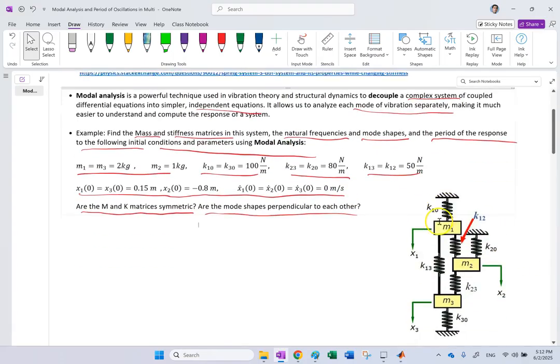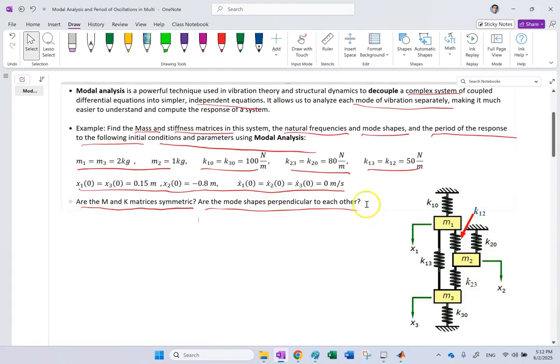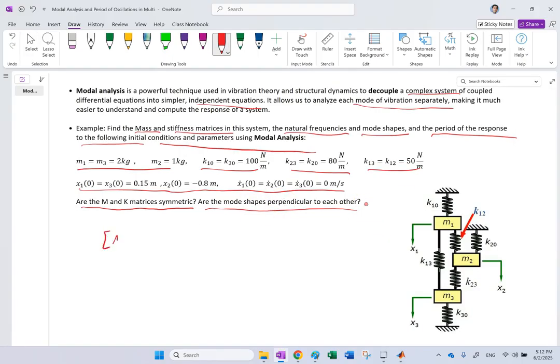They are applicable to any system which has this type of equation. That's the M matrix times the acceleration vector plus the K matrix, or the stiffness matrix, times the displacement vector equals 0. So any system of this format, any result that we derive here is applicable to them.